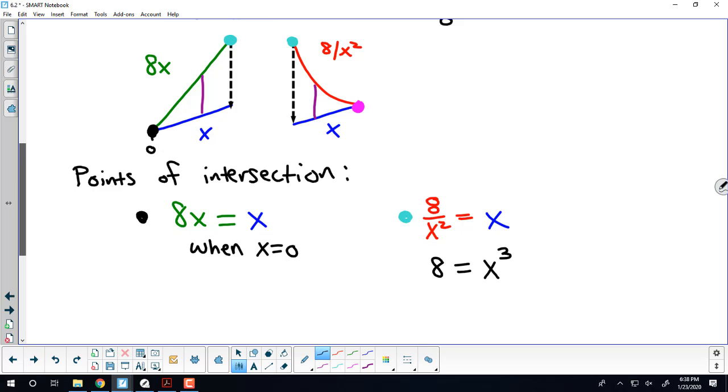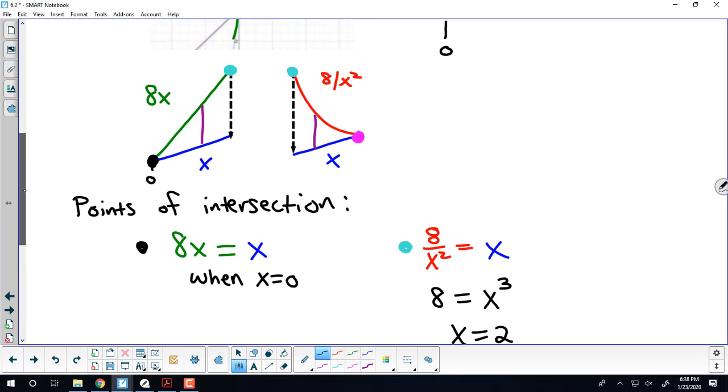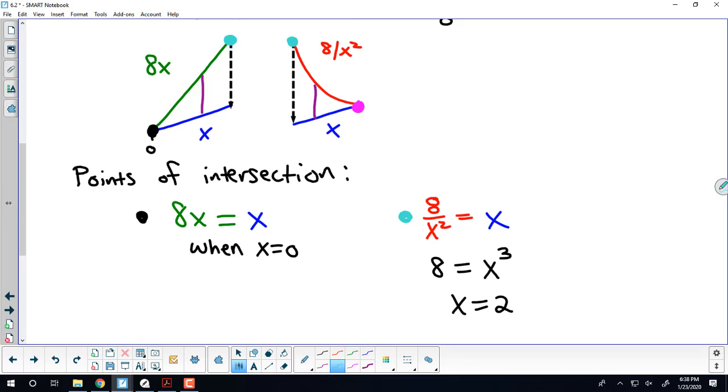When x cubed equals 8. x cubed equals 8 when x is 2. It's 2 and negative 2, but again, from the graph, clearly we're not intersecting at negative 2. So that's got an x value of 2.